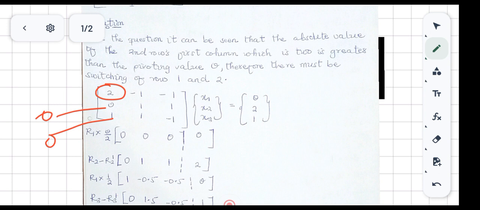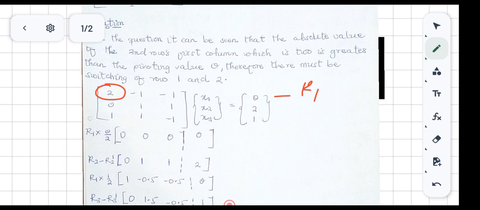So before we do that, this is how we can make them go to 0. We find row 1, then you multiply it by 0 over 2.